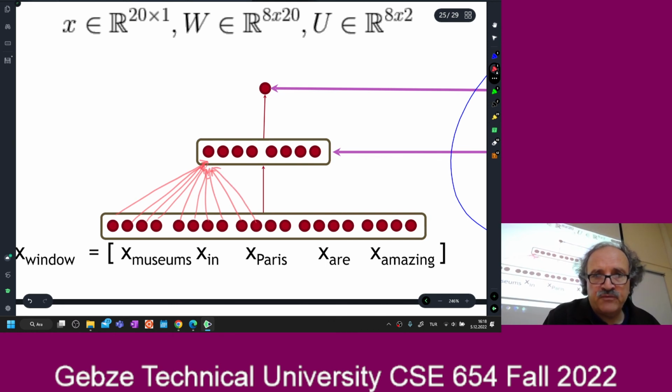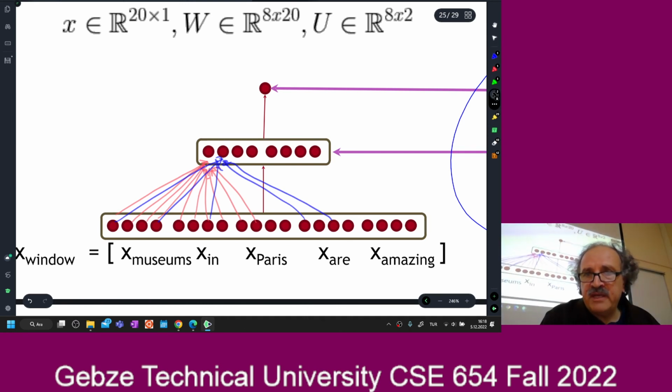Each of them is also connected to this one too. Let me draw another one, and each one will be connected to this one too.